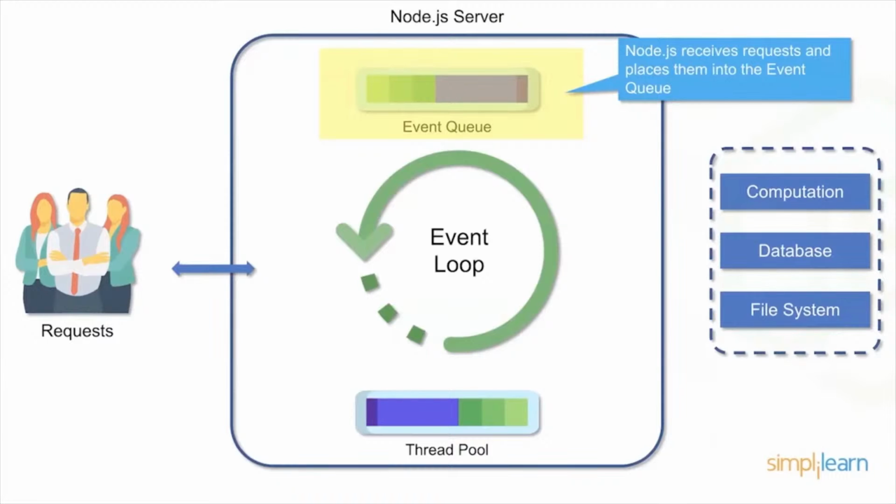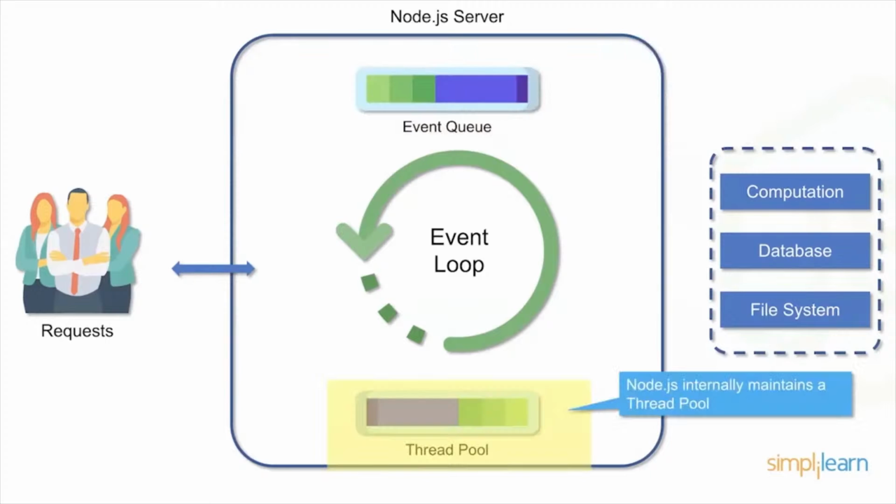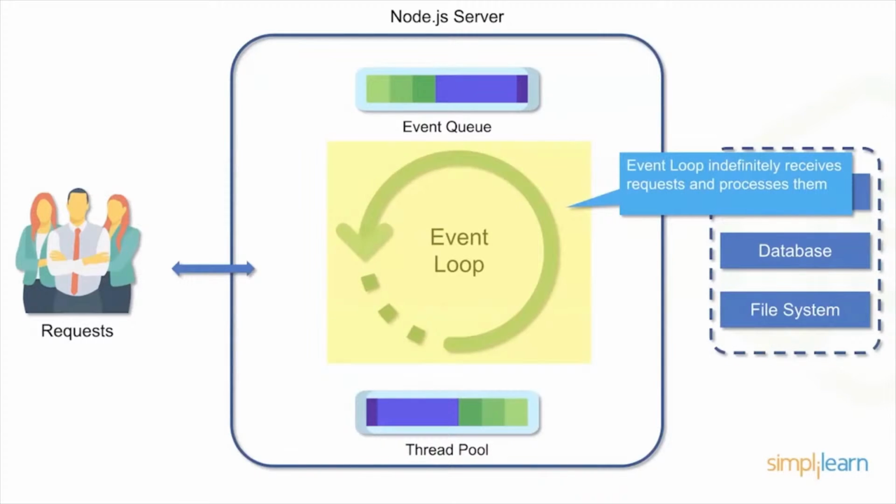This is where that single threading process starts, by queuing everything up appropriately. And then it maintains the threads within a pool. So you have the queuing process as one action, and then you have a threaded pool which manages those threads as well. And then we have an event loop, which goes through and actually receives and processes those requests.